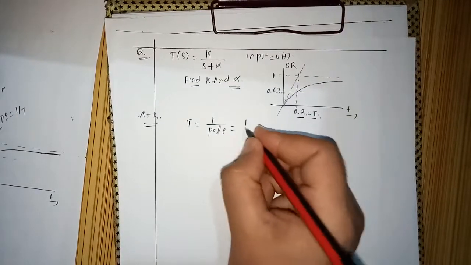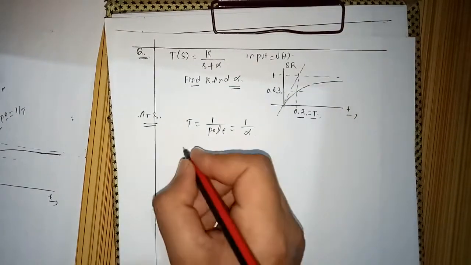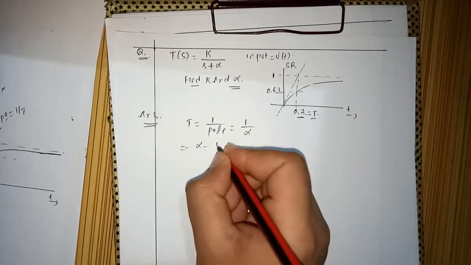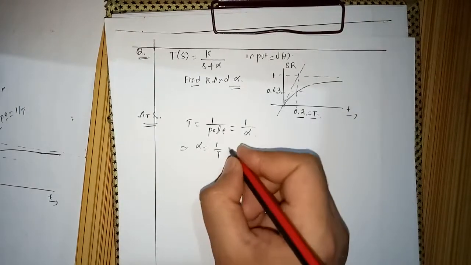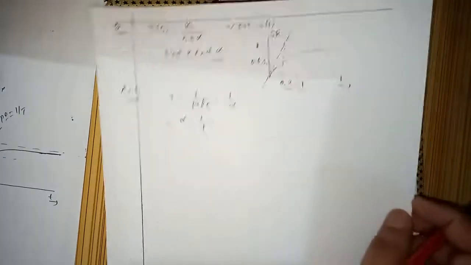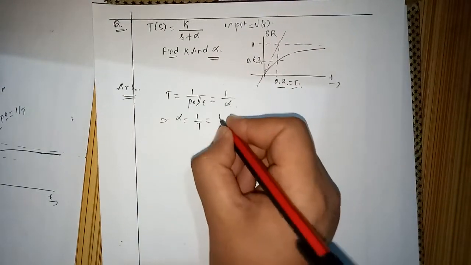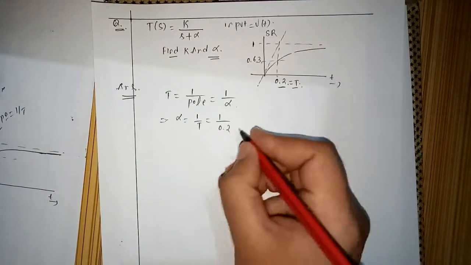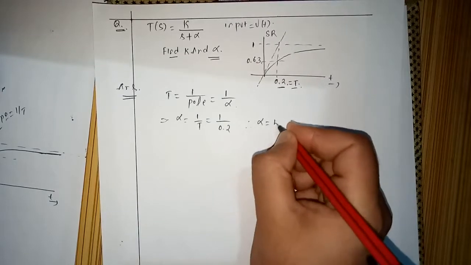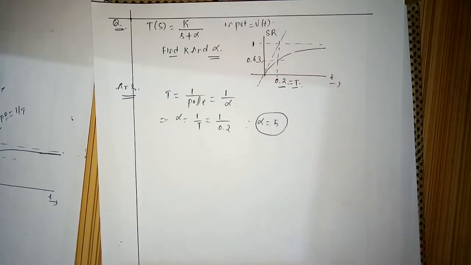And what is the pole here? Alpha. So alpha will be equal to 1/T, and I can write 1/0.2, therefore alpha comes out to be 5.